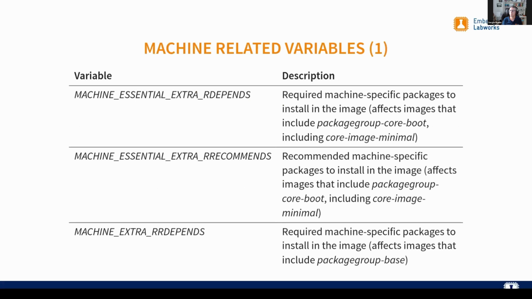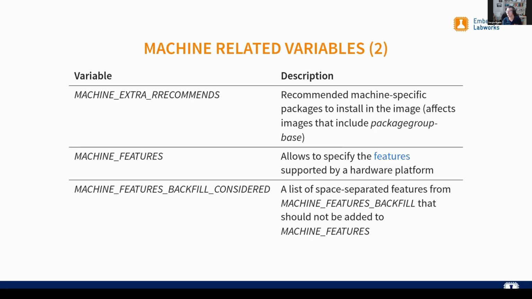You also have variables that you can use in a machine that can impact the image, that can cause the installation of packages in the image. So here we have basically 6 variables that can be used to install packages in images. So you might want to check those variables if you want to decrease the size of the rootfs.